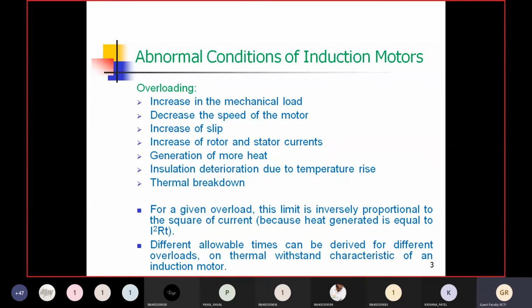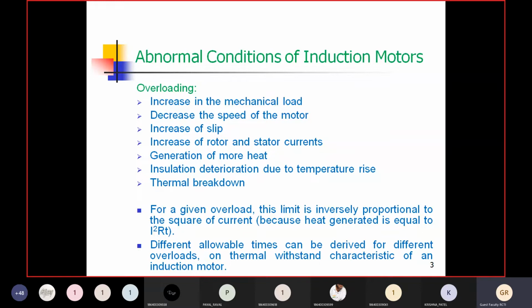So what we ultimately conclude is that as slip increases, it increases the parameters on the rotor side. As I mentioned, on the rotor side there is an induced EMF, and because of the induced EMF there is induced current, frequency, and so on. So because of the increase of slip, E_R is equal to S times E_S, I_R is equal to S times I_S, F_R is equal to S times F_S. It is going to increase the current, voltage, and frequency on the rotor side.